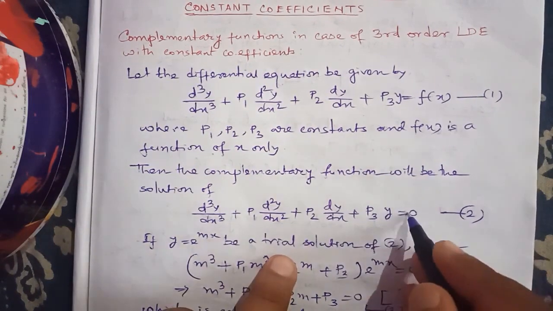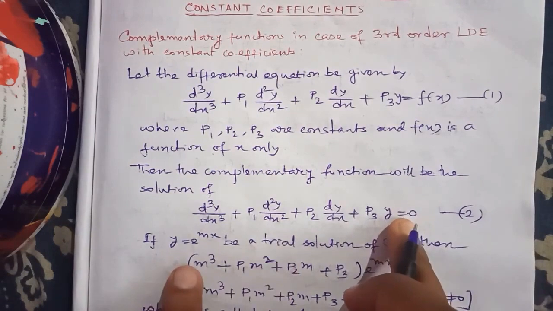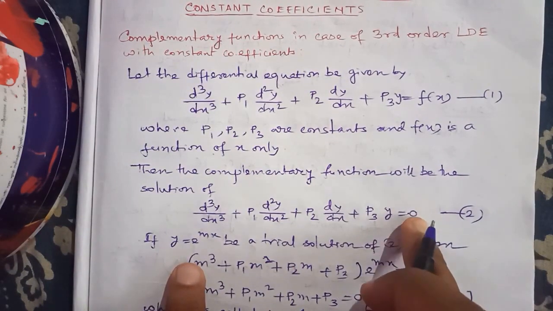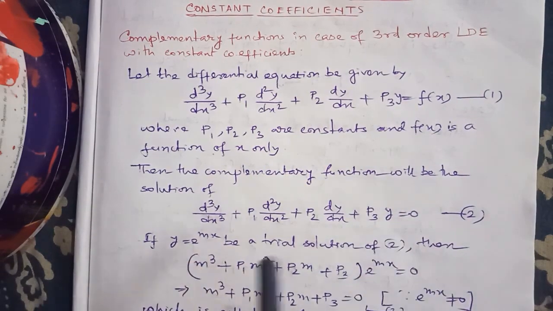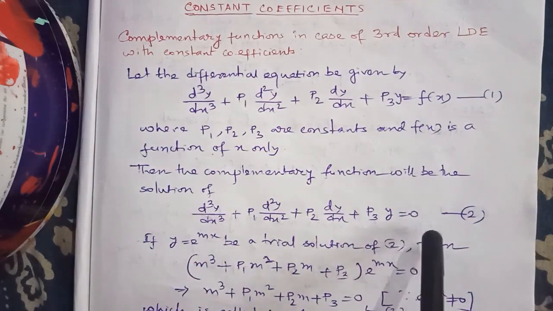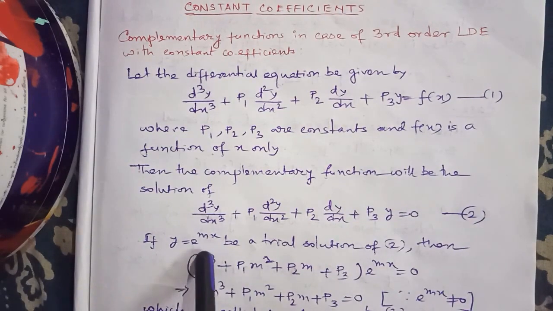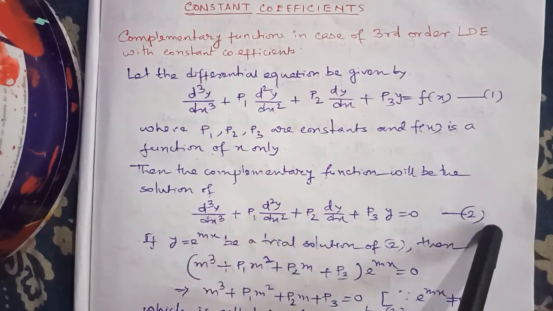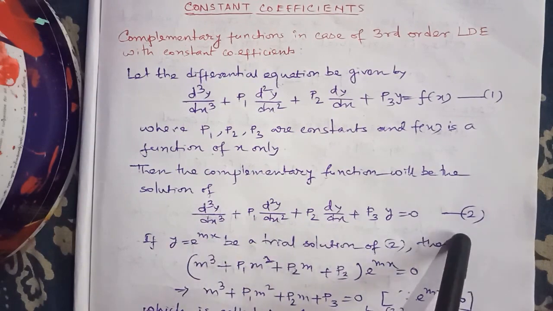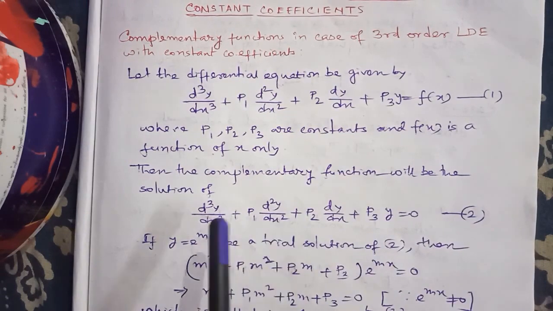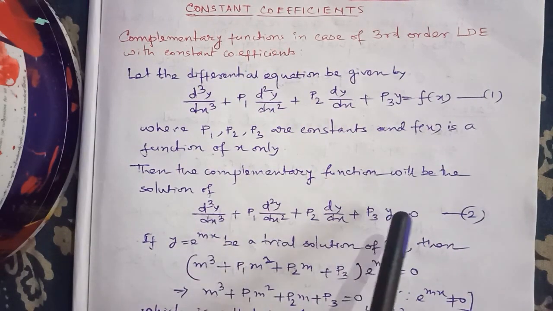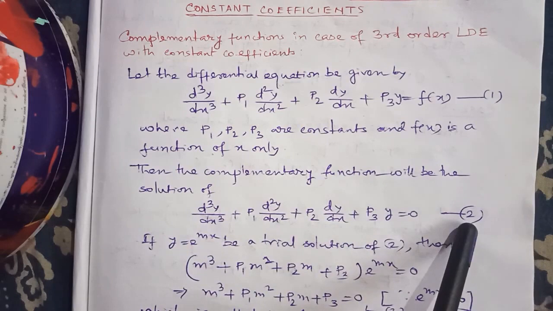Its complementary function must be found, because a complementary function can always be found for a linear homogeneous differential equation. So for that reason, here we have taken 0. So if y is equal to e to the power mx is its trial solution, then if I put the values of dy/dx, d2y/dx2, d3y/dx3 and y in equation number 2, what will I get?